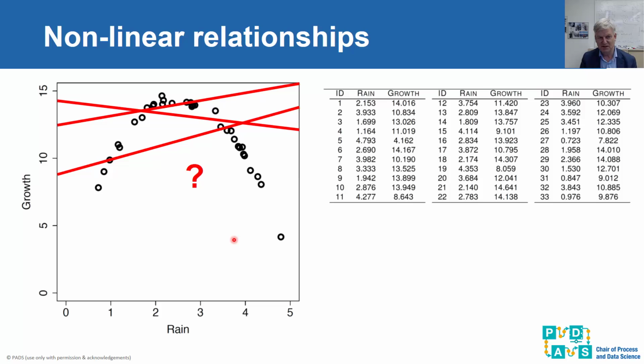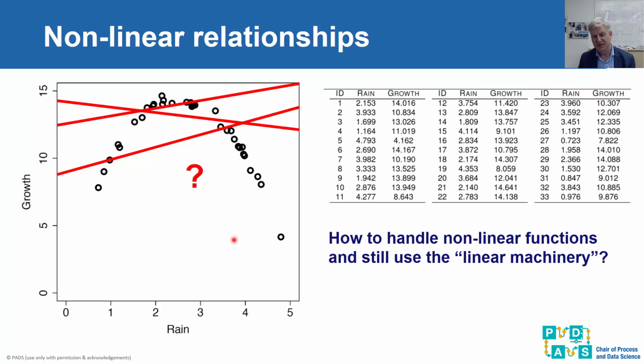The model that we're trying to learn can never fit this data, no matter how much we try to reduce the error. So what we can do now is use the same linear machinery, as I call it here, but pre-process the data to be able to fit relationships that are nonlinear.